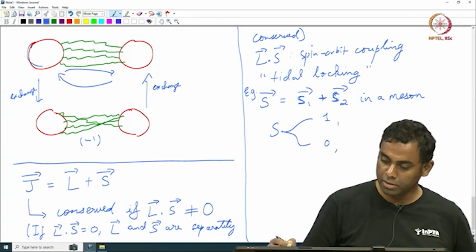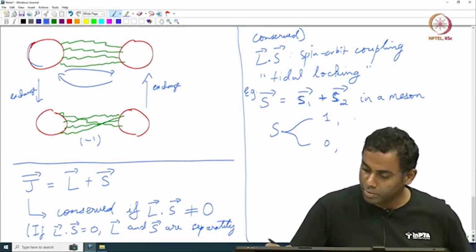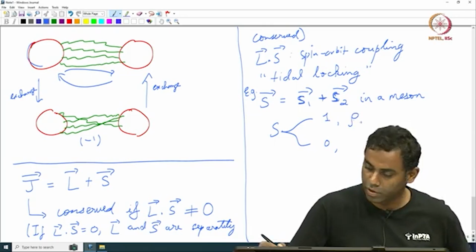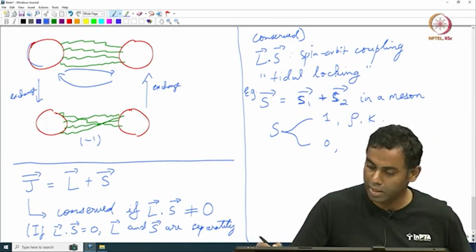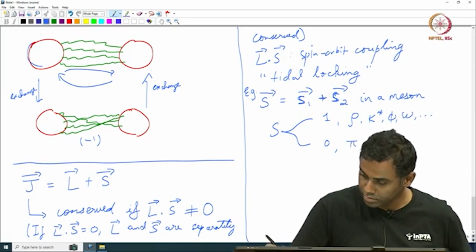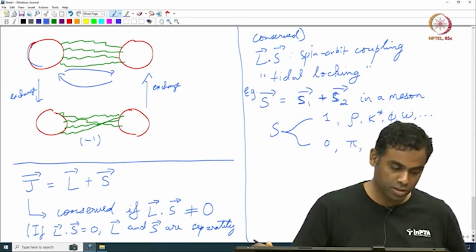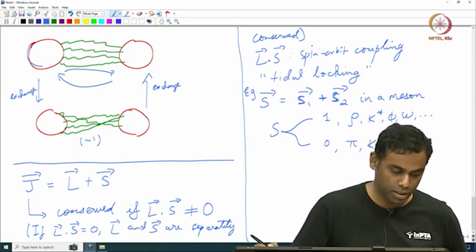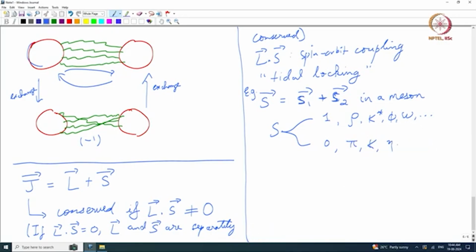So, the total spin, if it is 1, we saw some examples, there is the rho meson, K star, phi, omega and so on. Spin 0 is of course the pion, kaon, the eta meson, eta prime and so on, correct.